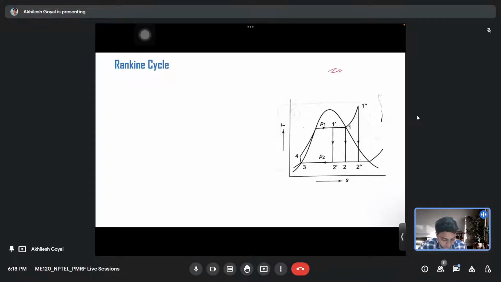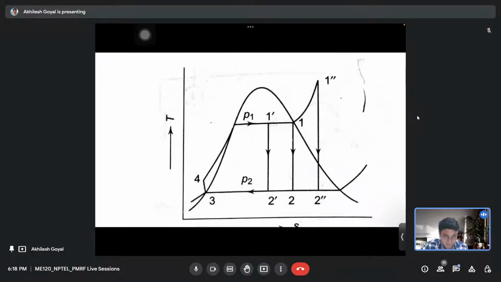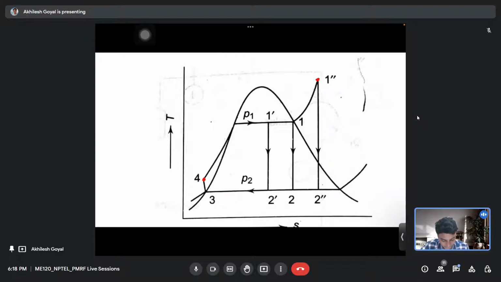And if we consider the first process, that is from 4 to 1, you can see in this diagram here. Okay, so here from point 4 to point 1, this is a heat addition Q1 from the boiler.